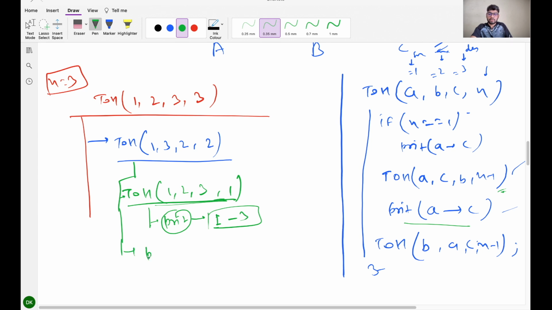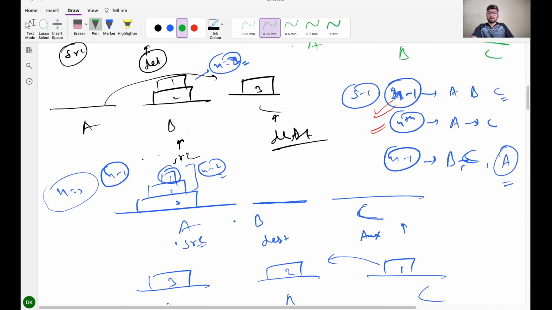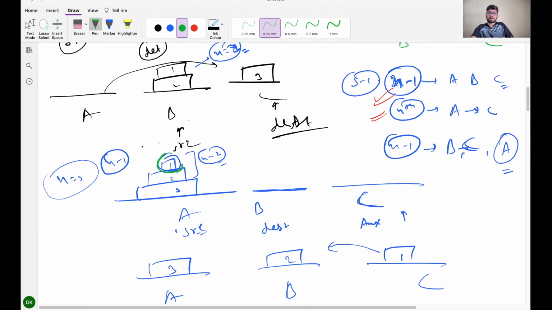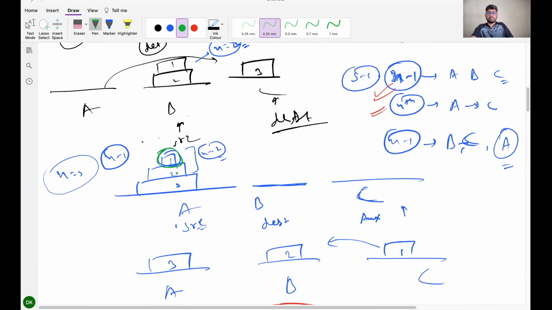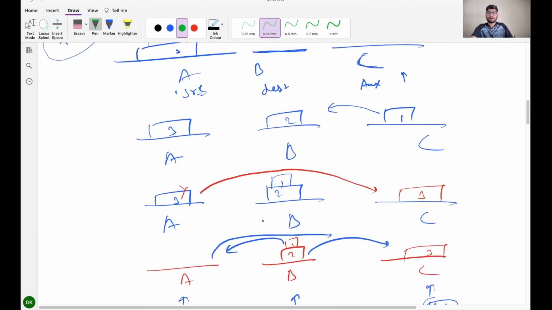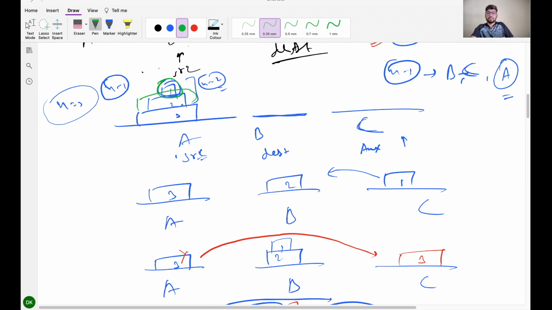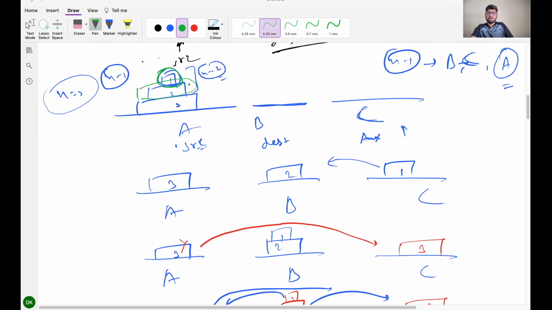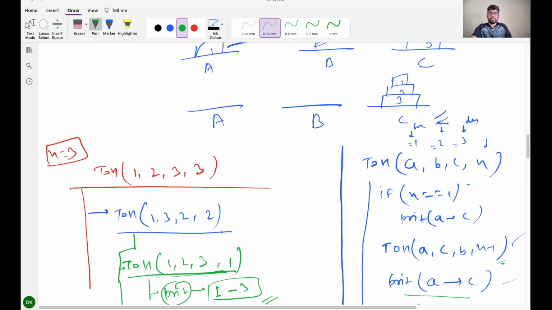So what I am doing over here, first of all I am taking the first disk and placing it from 1 to 3, and after that I am taking the second disk and placing it from A to B, that means A to 2.